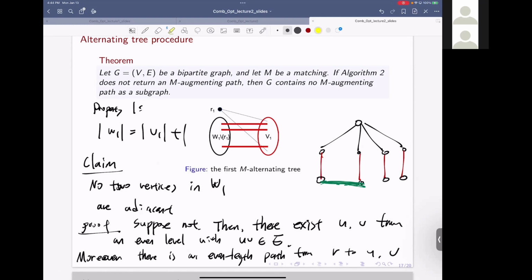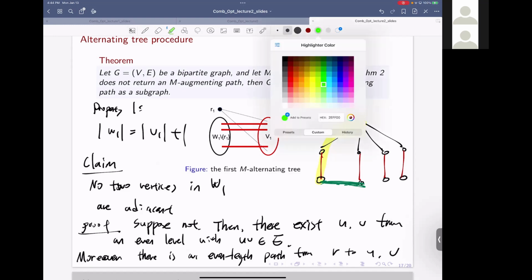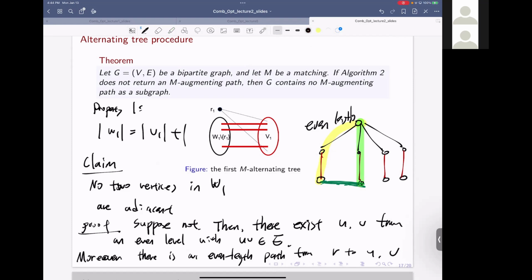This is an even length path, and this is another even length path. But the length of the edge between u and v is 1. So you get a closed walk of odd length that gives you an odd cycle, and that destroys this bipartite structure. Okay, so we don't have an edge between two vertices in W1. Great.